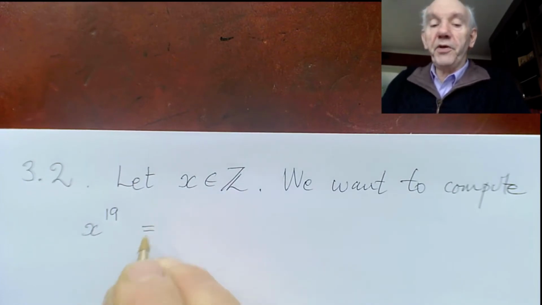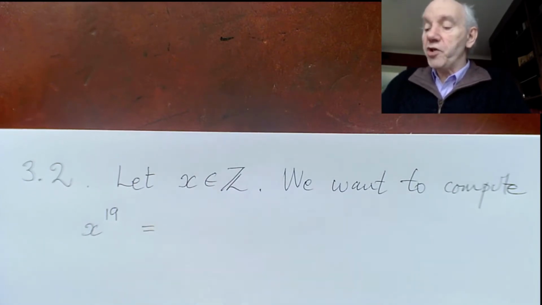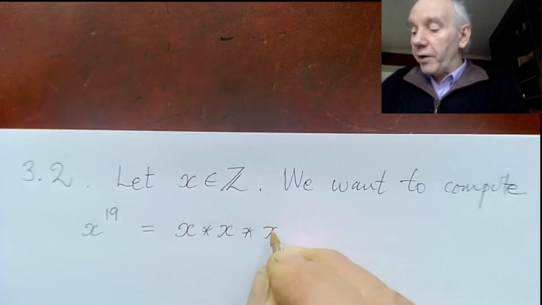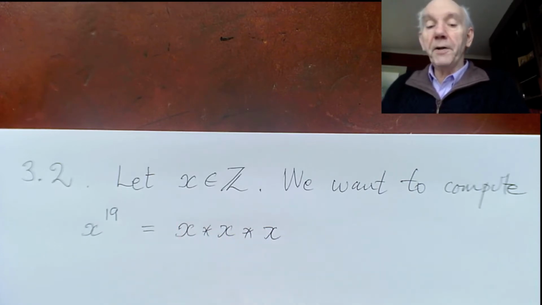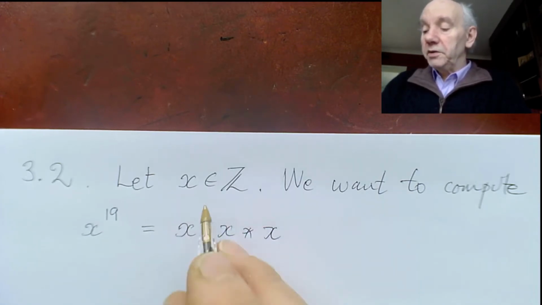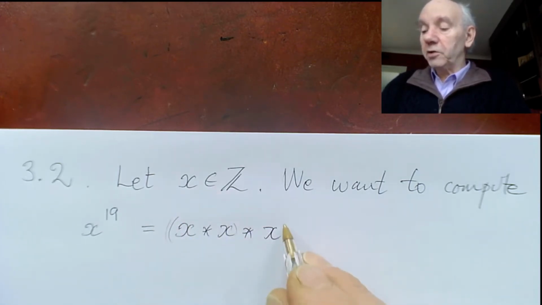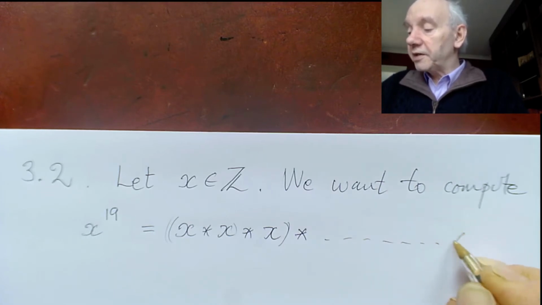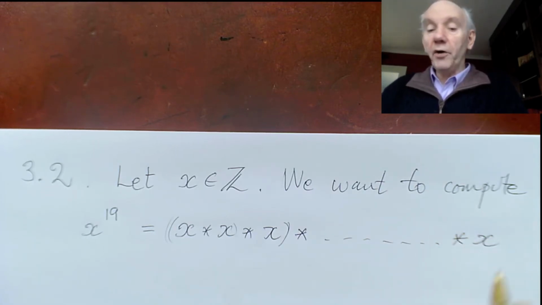If we just want to compute this naively by iteration, we start with x, multiply that by x, multiply that by x, and keep going. In a sense there are brackets here: we do the first multiplication, then the second, and so on, until we have 19 x's in this row.